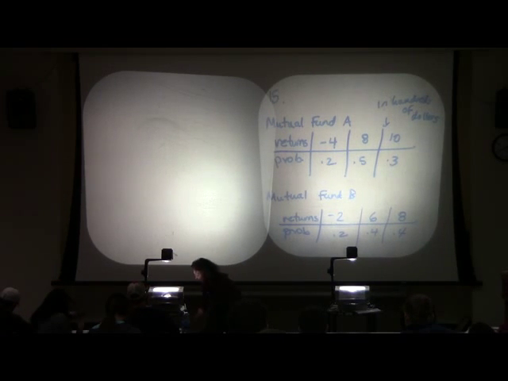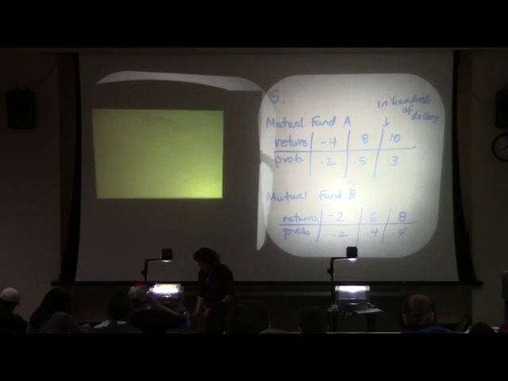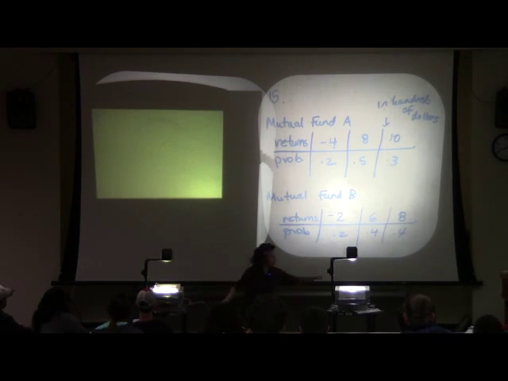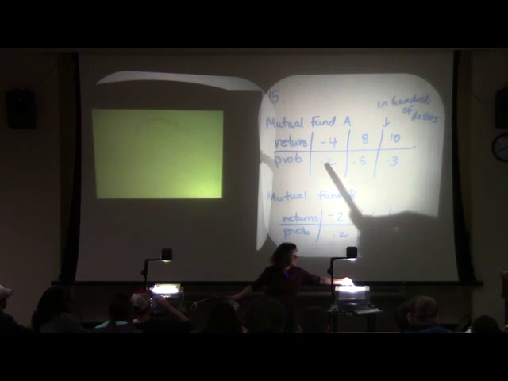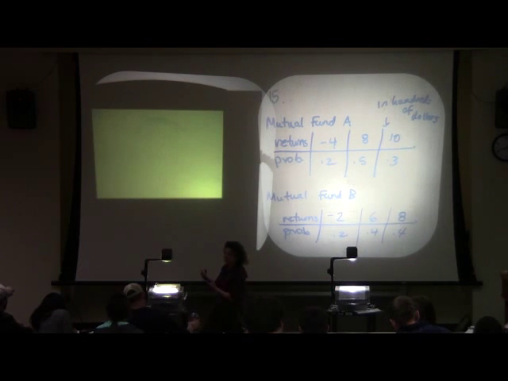Get my calculator out here. Do we know how to compute our expected value here, or our mean? We absolutely do. For mutual fund A, don't you take each x value times the corresponding probability and add them up? Hopefully you know that for tomorrow. So what do we have?